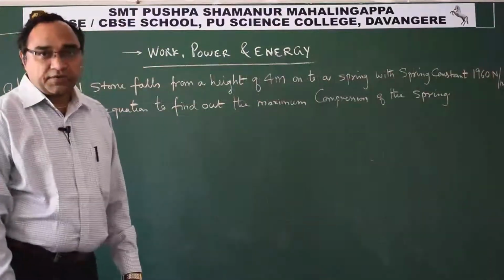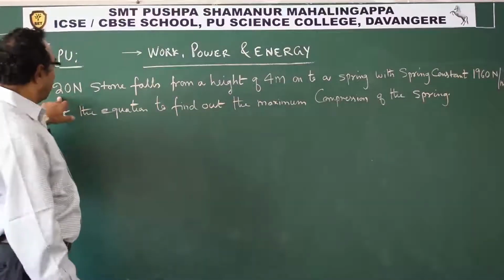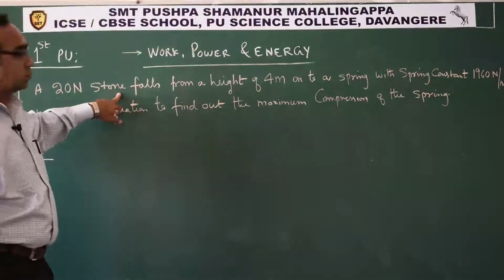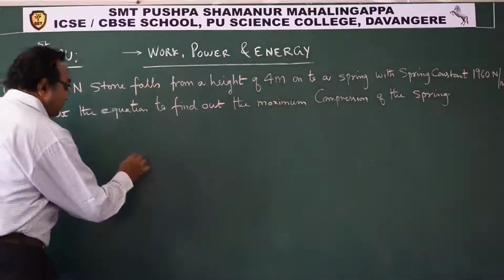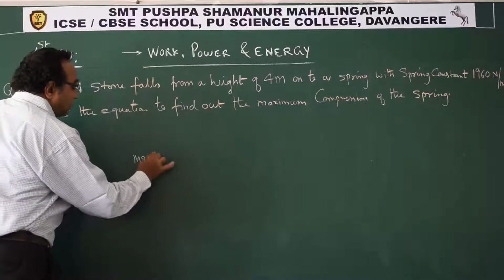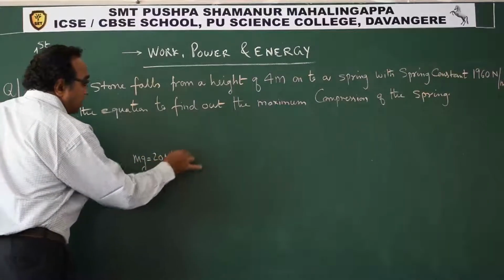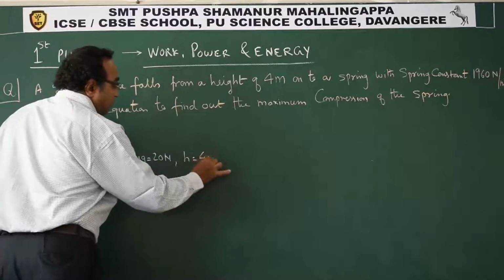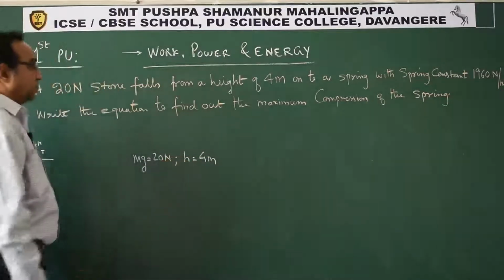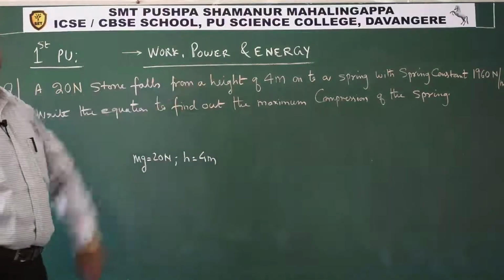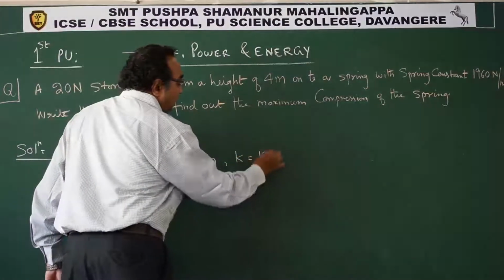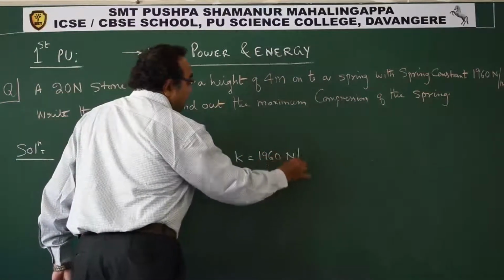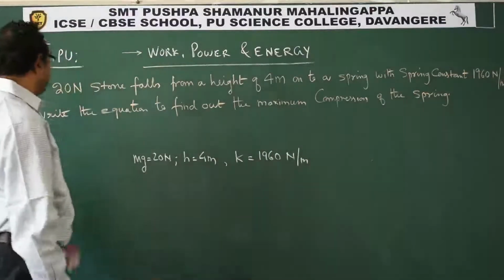The next question reads like this: a 20 Newton stone falls from a height of 4 meter. So we will say mg, this is given as 20 Newton, h is given as 4 meter. Onto a spring with spring constant. So spring constant is given 1960 Newton per meter.